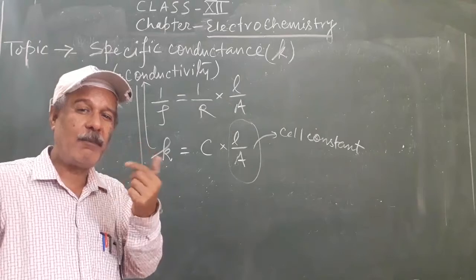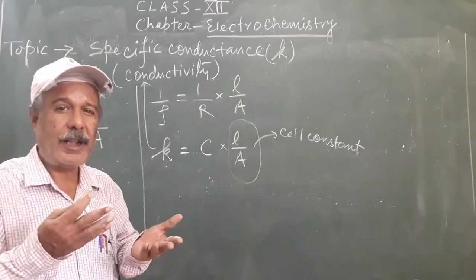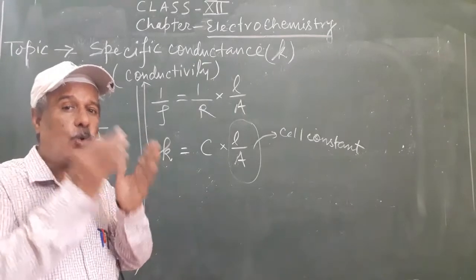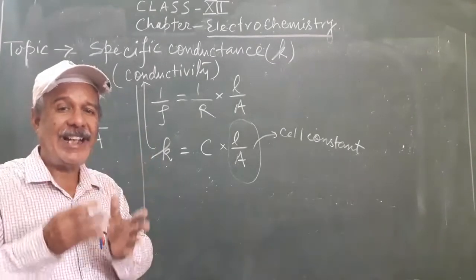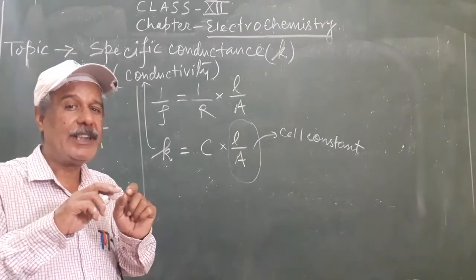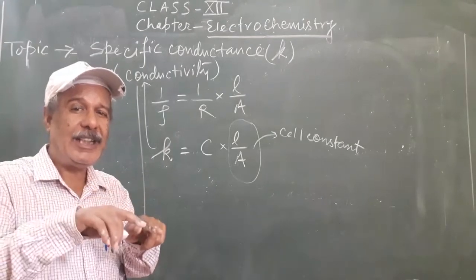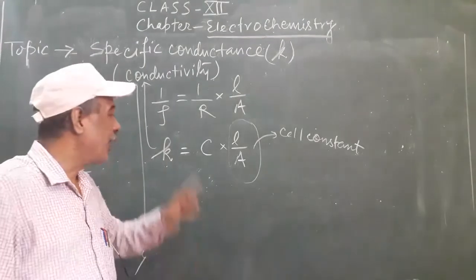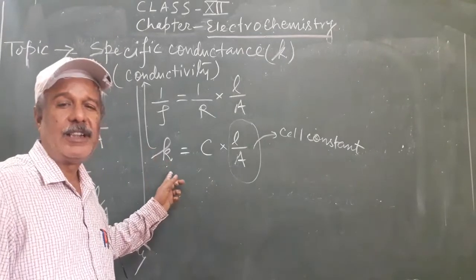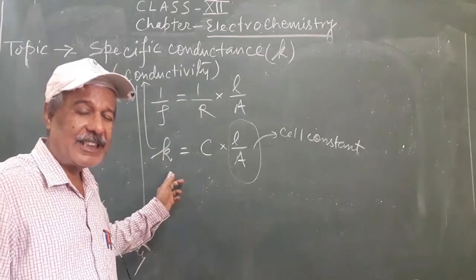That will have some number of ions, cations and anions both. Correct? So the total conductance carried by all the ions which are present in a unit volume of that solution is known as a specific conductance.